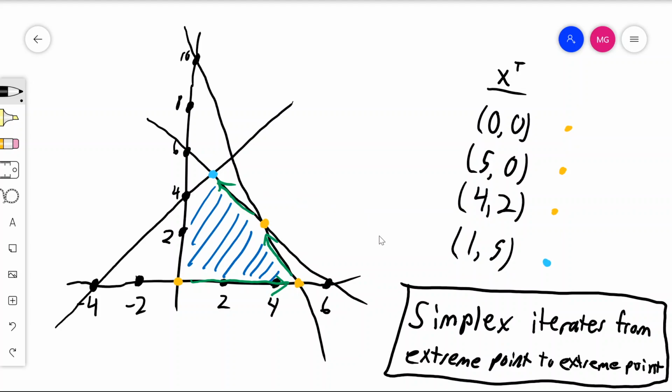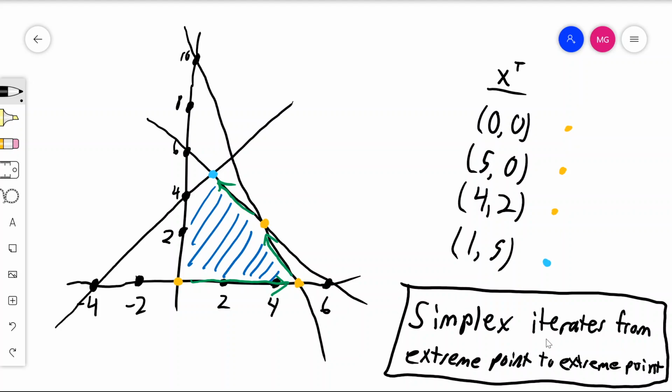And that, remember, is the optimal solution that we said was the optimal solution at the start. So we already knew that was going to happen, and then the simplex algorithm confirms it, and it arrives at that solution in this manner. It starts at this extreme point, then iterates to there, then to there, and then to there. And so that's the traversal that geometrically the simplex algorithm is making.